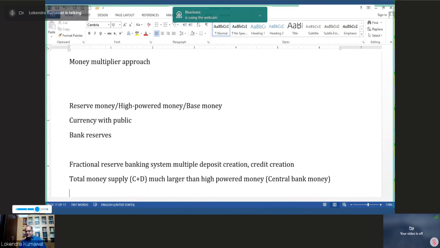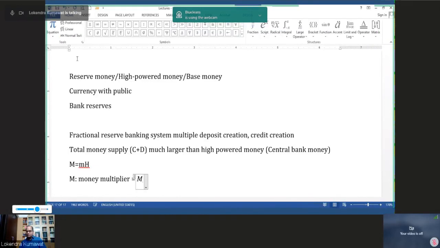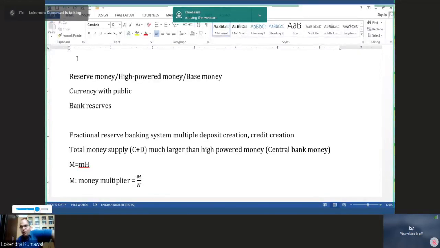We can express this as M equals m times H, where m is called the money multiplier. Basically, this gives you the ratio of M by H.